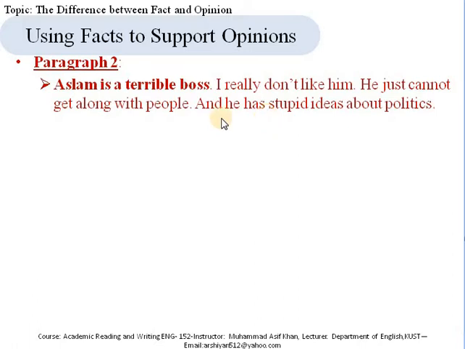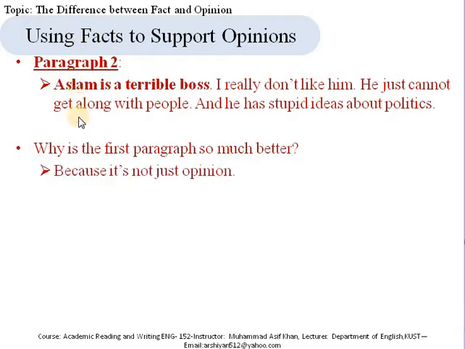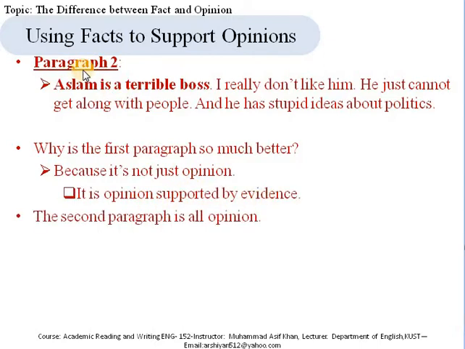Why is the first paragraph so much better than this paragraph which I have presented to you now? Because in the first paragraph, there was not only an opinion as the topic sentence, but the opinion was supported by evidence. Whereas in this second paragraph, all these sentences are opinions, and every sentence is debatable.